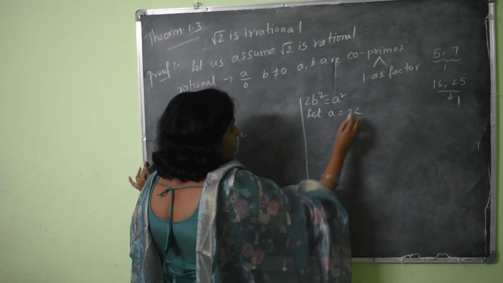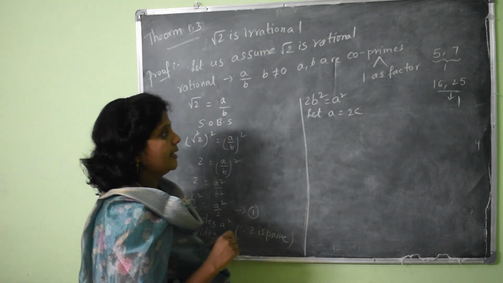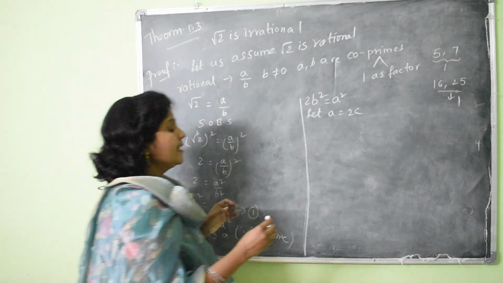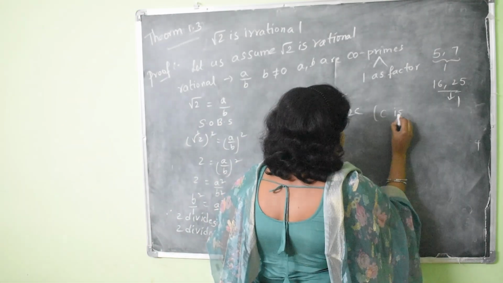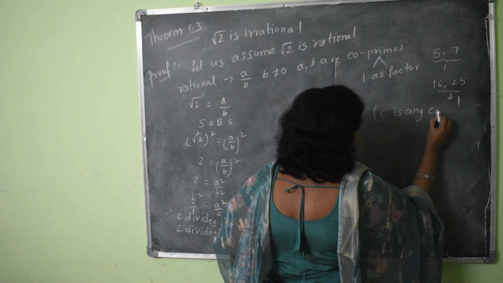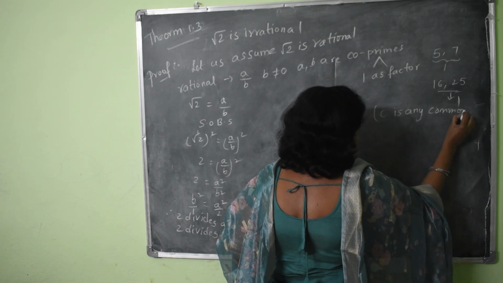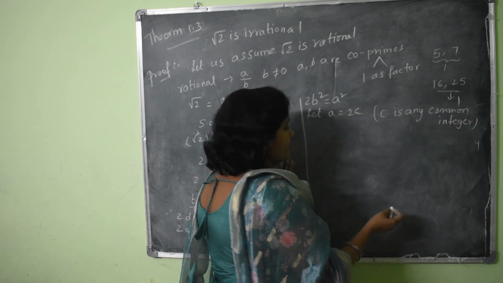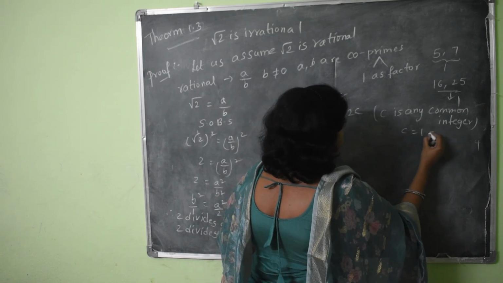Why I am assuming A as 2C and not B as 2C is, here 2 is dividing A, and C is any common integer. Let us take C value as 1. If you take C value as 1, what happens?